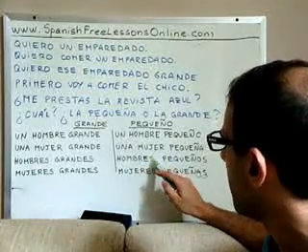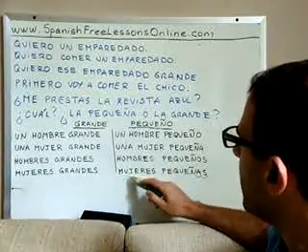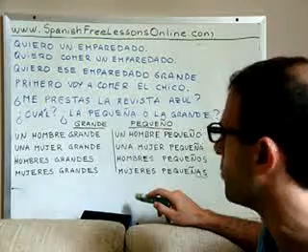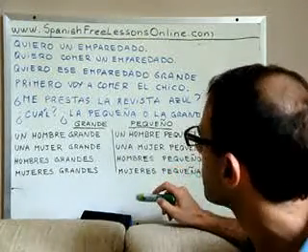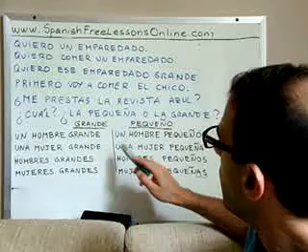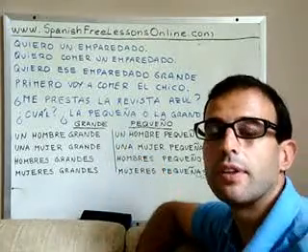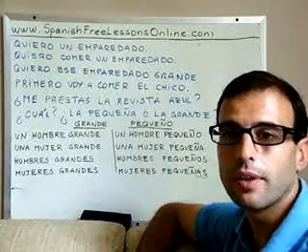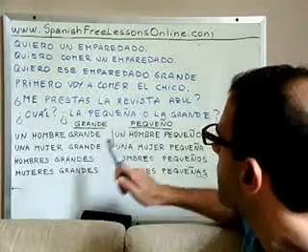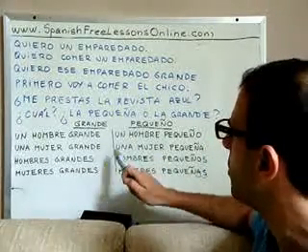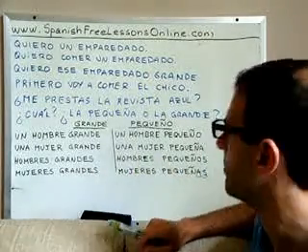It has an S at the end. Mujeres is plural, women, okay? Has an S at the end. So, un and una is an indefinite article, right? A. It's not the, it is a.